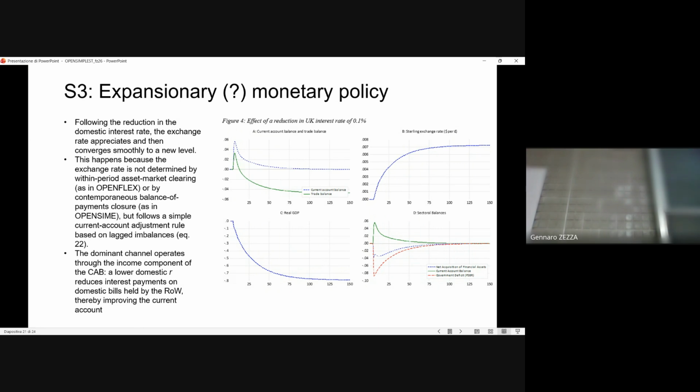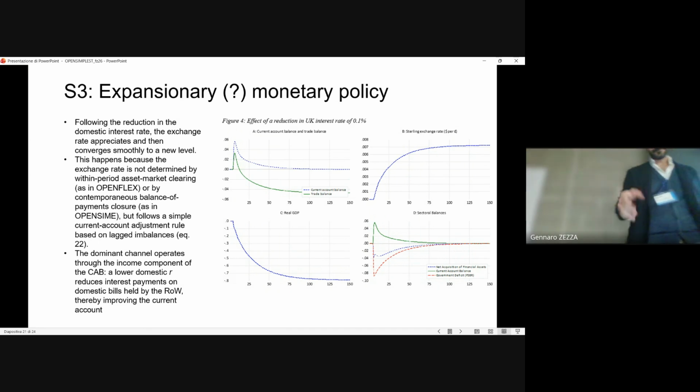Why is this so? Because in this simple model, where the exchange rate only responds to current account imbalances, what is dominant in determining the movement of the exchange rate is the interest flows that are determined by the change in interest rate. So we have a reduction in the interest rate.